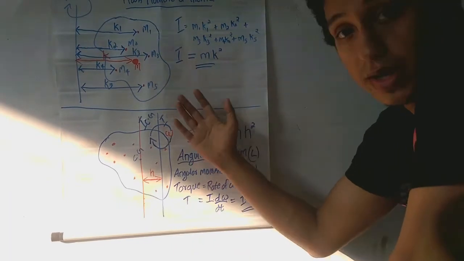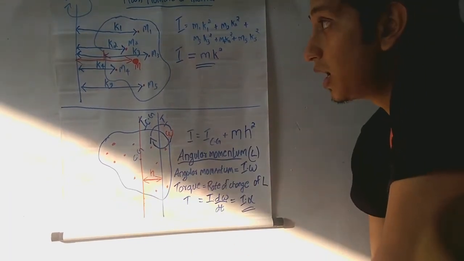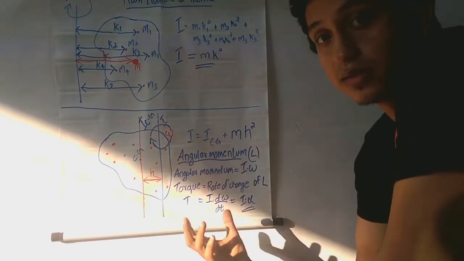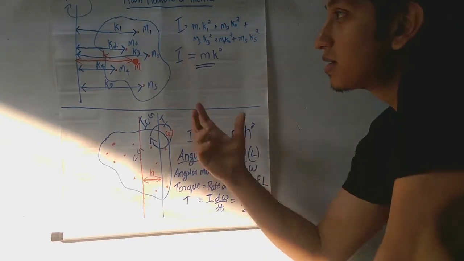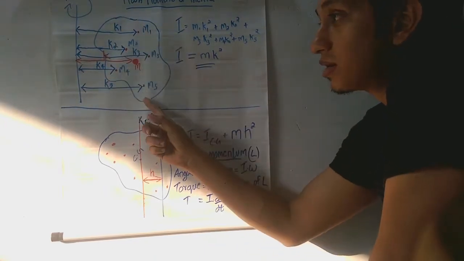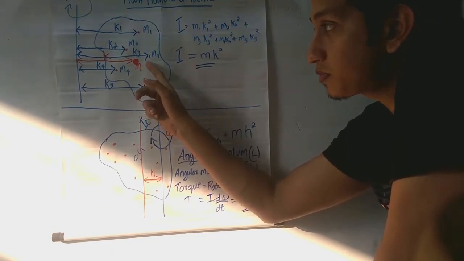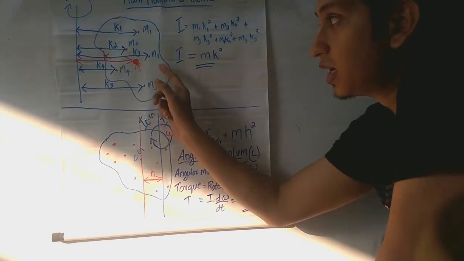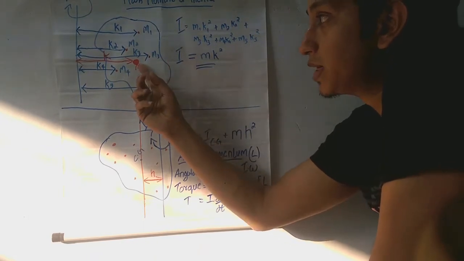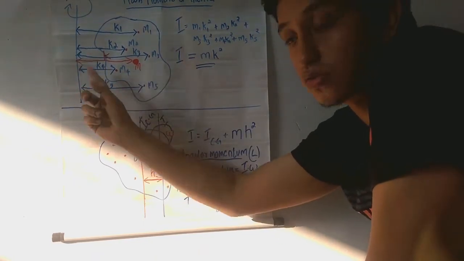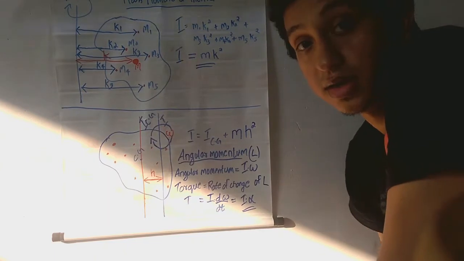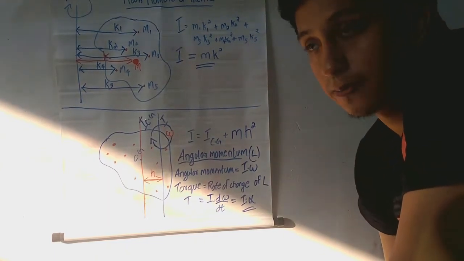So this is practically difficult. What we do for ease is assume that the center of mass or center of gravity of this body is at a single point, and the distance between that and the axis of rotation is named the radius of gyration. It's called k.